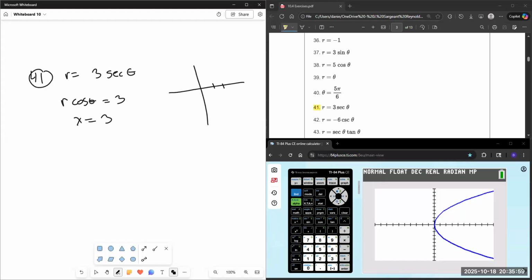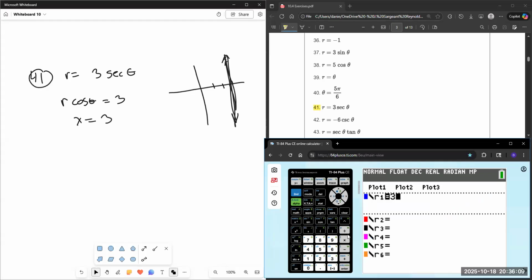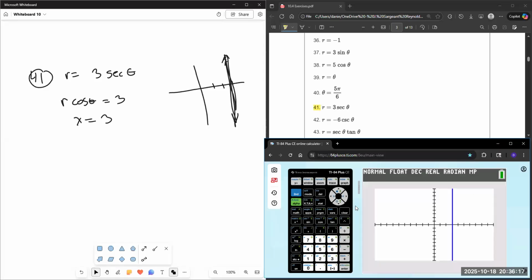So that's 1, 2, 3. We have this vertical line. I want to see that vertical line in polar form, 3 divided by cosine of theta, graph, and there's the vertical line x equals 3 in polar form.